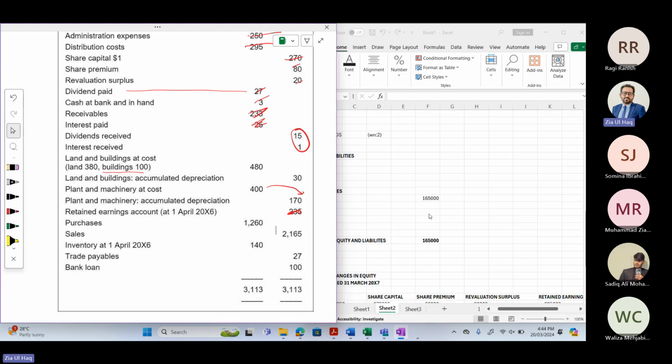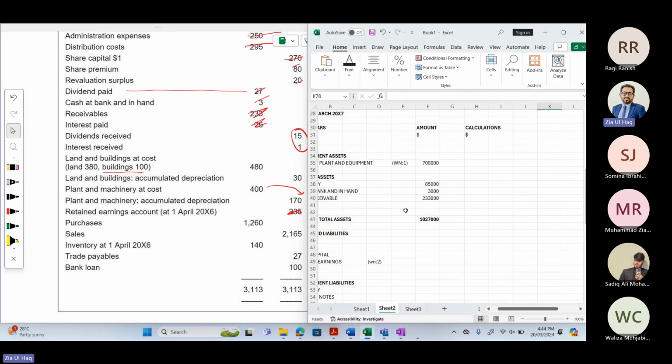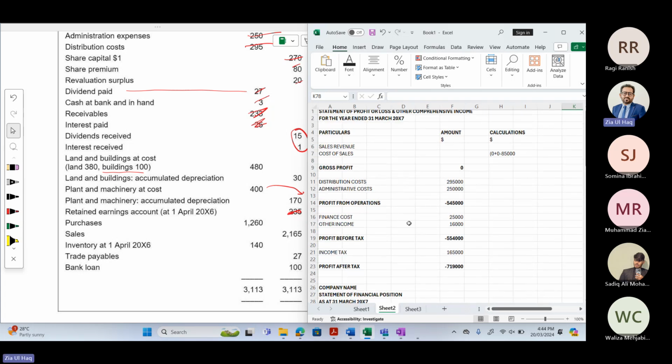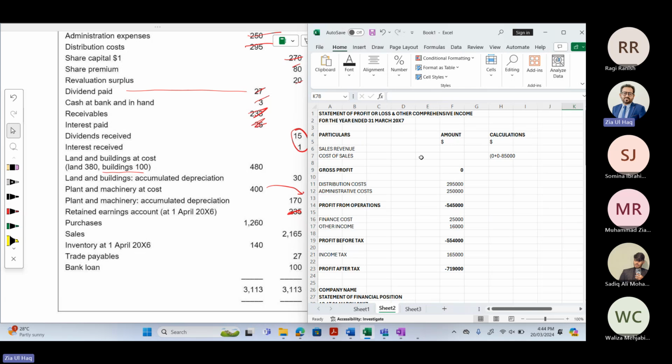And purchases 1260. Opening inventory 140. So cost of sales amount is equal to 140,000 plus 1260,000 minus 85,000.